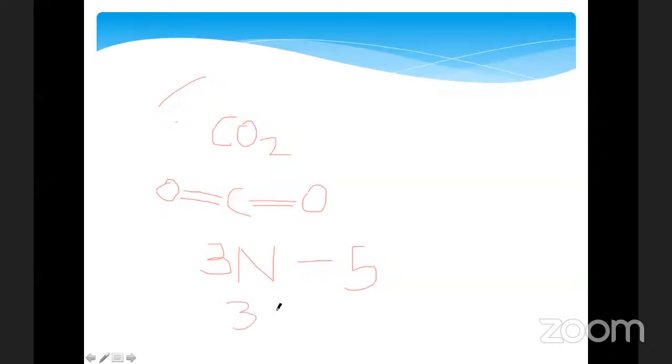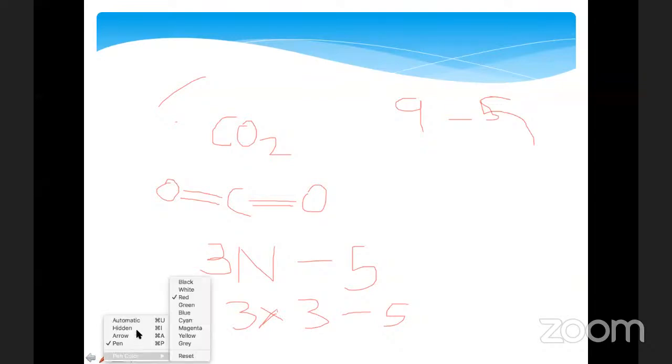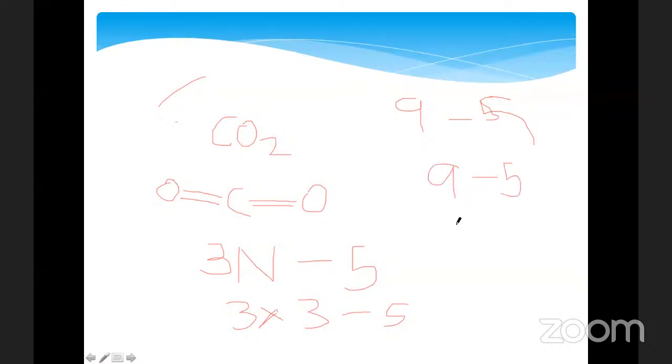So 3n minus 5 gives us 9 minus 5. So the vibrational mode will be equal to 4.